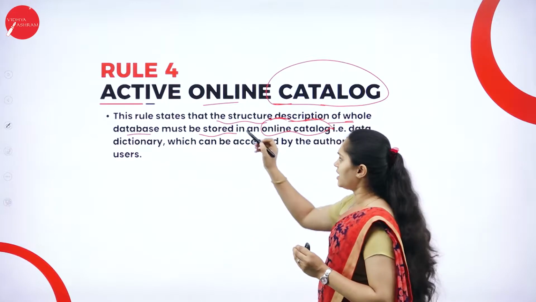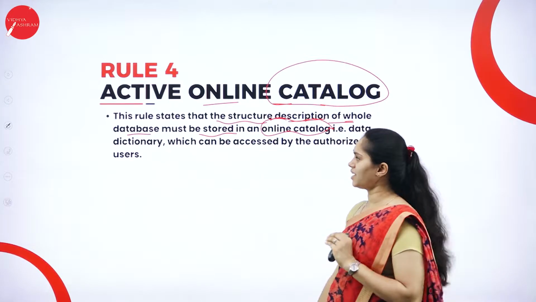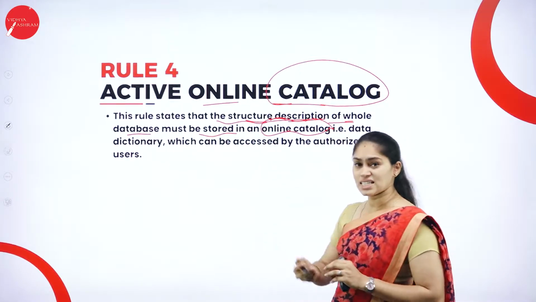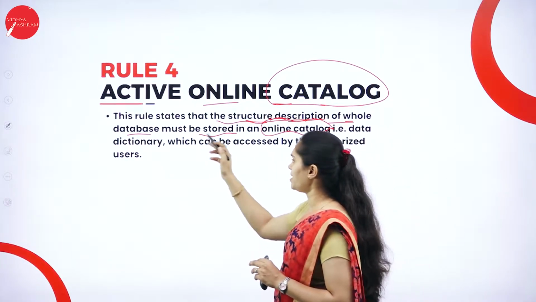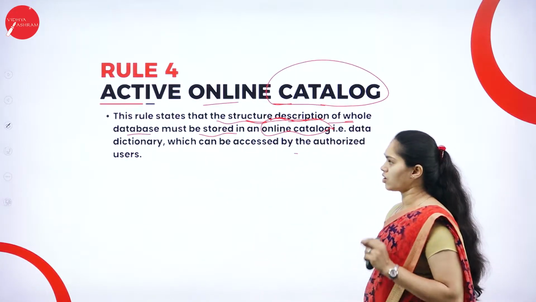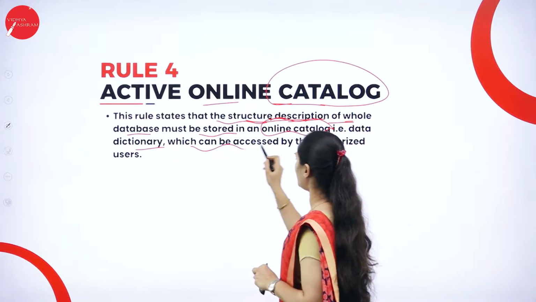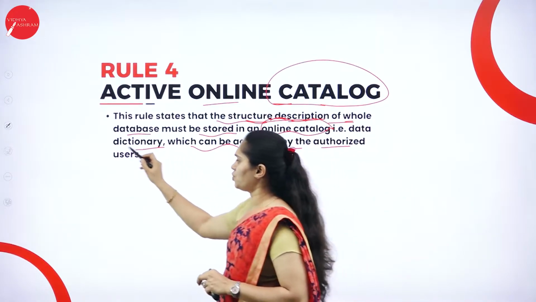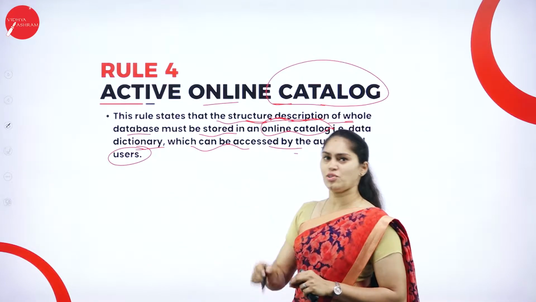So the active online catalog rule states that the structure or description of the database has to be stored in the online catalog, so that the data dictionary can be accessed by authorized users. It should not allow everybody to access.